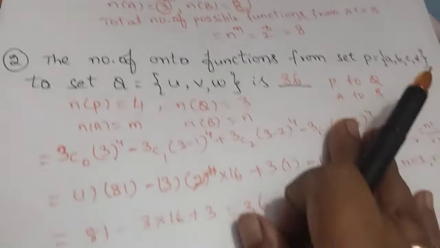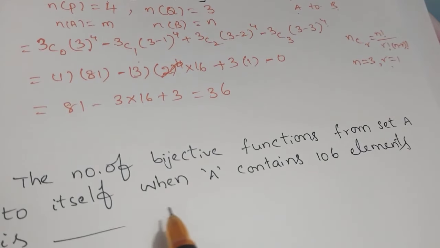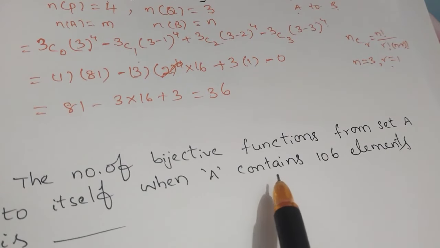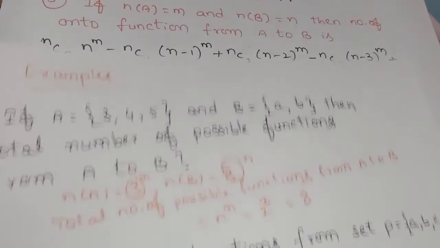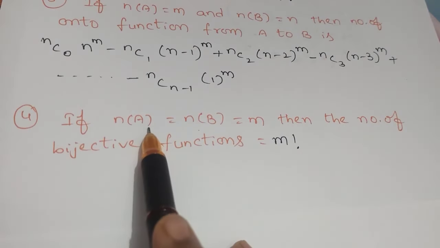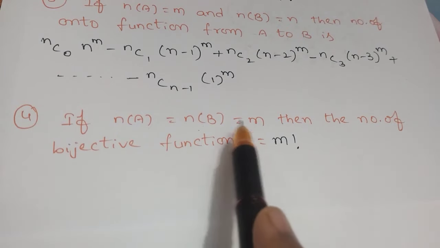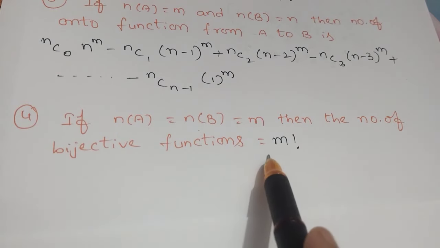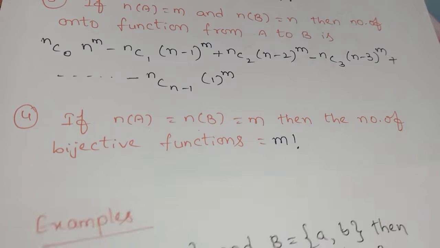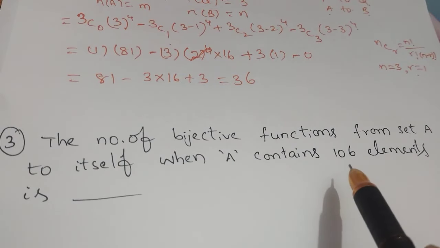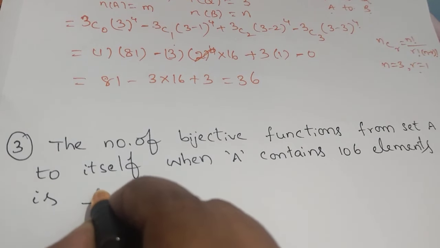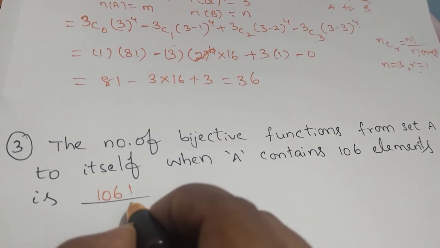Here they said set A to itself, so n of A is m and the set itself is m. So the formula is m factorial. Here the set contains 106 elements, so the answer is 106 factorial.